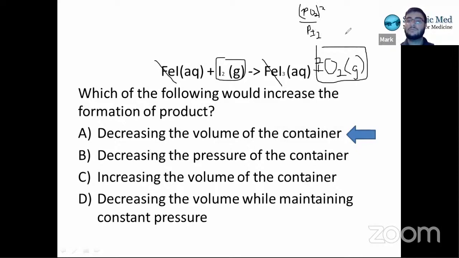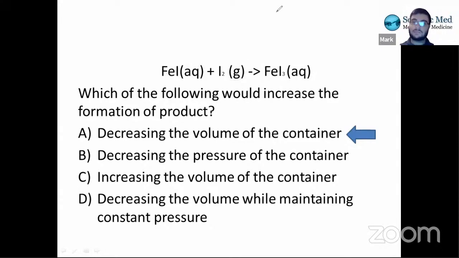But because O2 has a 2 in front of it, it would actually be squared. So it would be doubled squared, which is quadrupled, compared to I2, which is only doubled. That would give a higher partial pressure for O2, making the equilibrium shift to the left. But that's in a different problem.